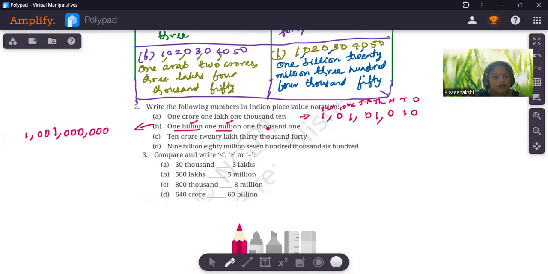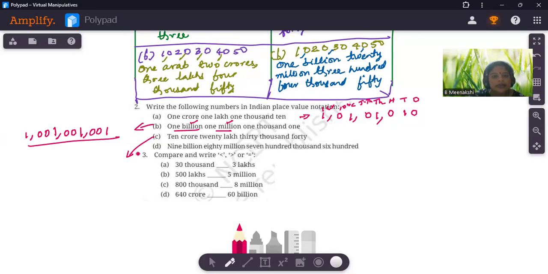Now 1,001. So 1,000 is same. So what we can do? 1 billion, 1 million, 1,001. Okay. That's how you have to write.